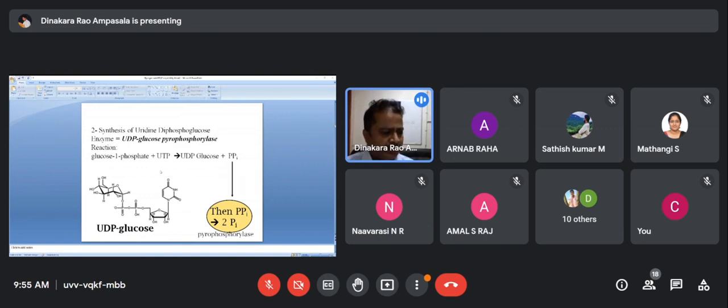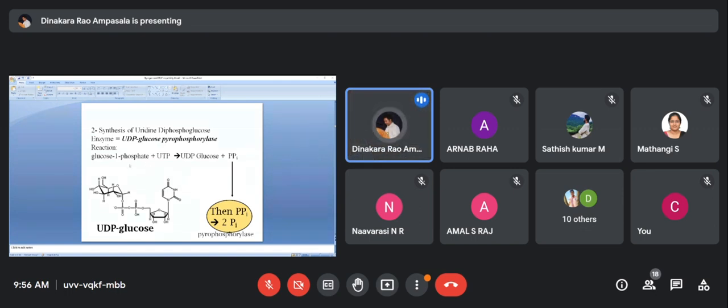Here you can see UTP is the one that donates the UDP, by removing a pyrophosphate molecule. One phosphate is removed from UTP and one from glucose 1-phosphate, so it becomes UDP glucose in the presence of UDP glucose pyrophosphorylase. You can see the removal of a pyrophosphate molecule from its structure.